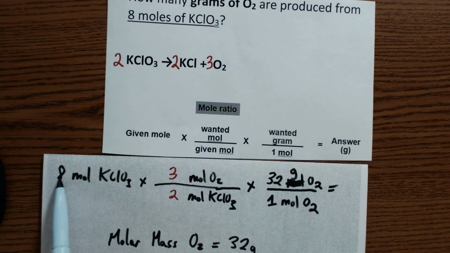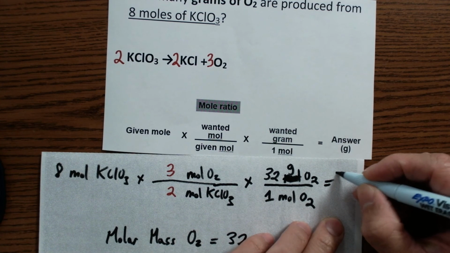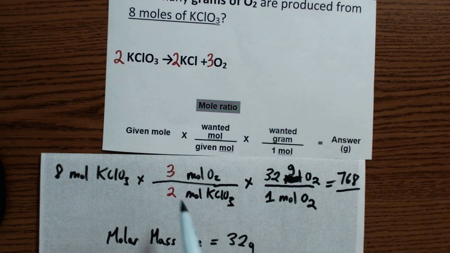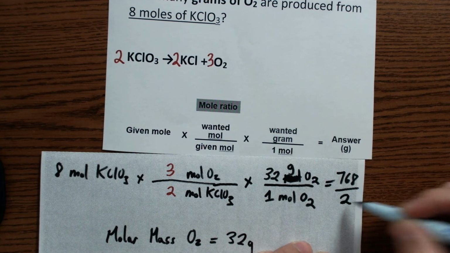This is 8 times 3 times 32, which will give me 768. Over the bottom, it's going to be 2 times 1, which is 2.